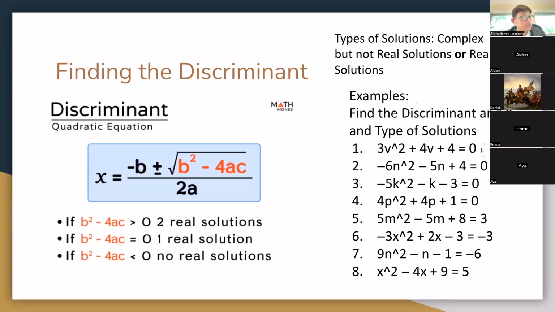For the first one, the discriminant would be -32, and then it would be two complex but not real solutions. What it means by complex solutions is it just has i in it, or a negative square root. And you get the discriminant by just plugging in b, a, and c, and then solving.